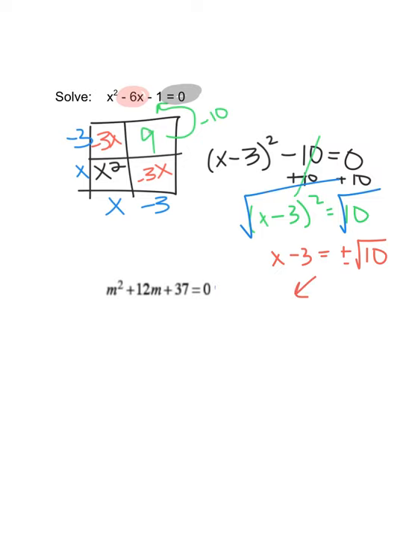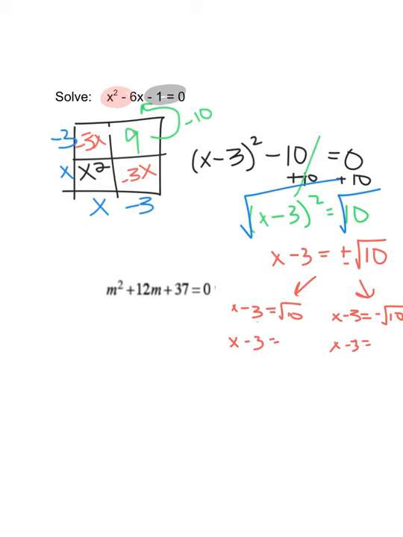And then we solve this twice. Once when x minus 3 equals the positive square root of 10, and once when x minus 3 equals the negative square root of 10. You can convert this to a decimal. So square root of 10 could be 3.16 or negative 3.16.